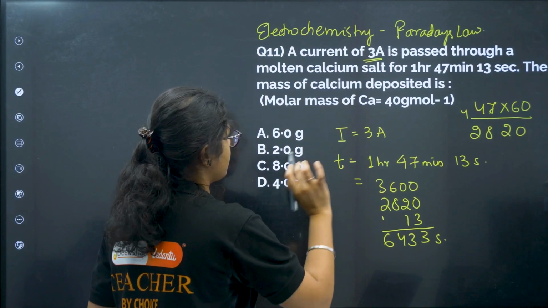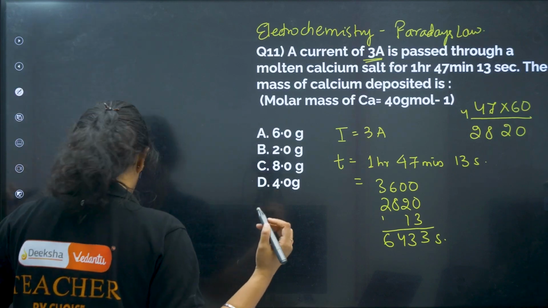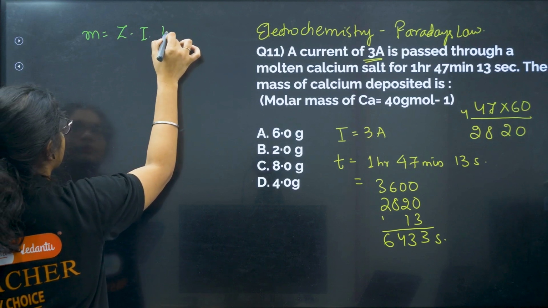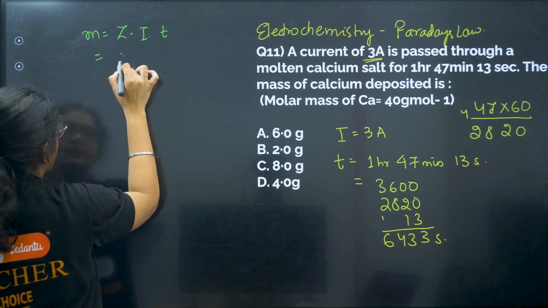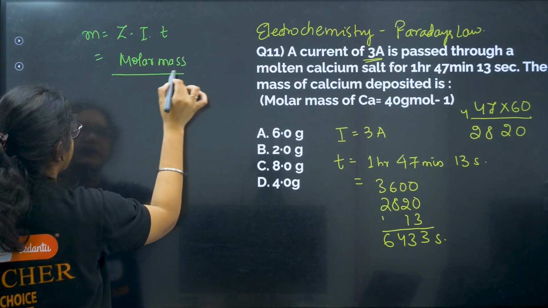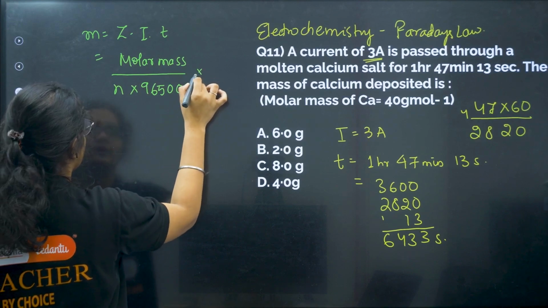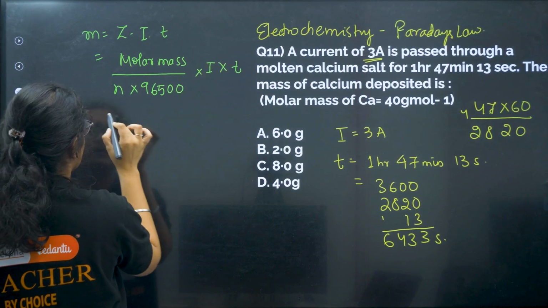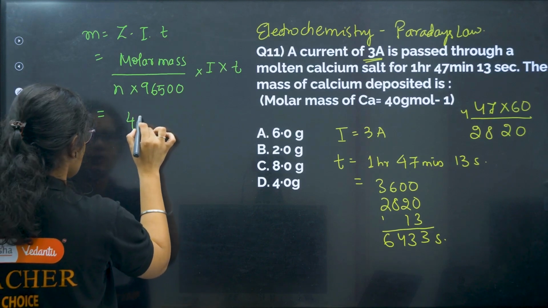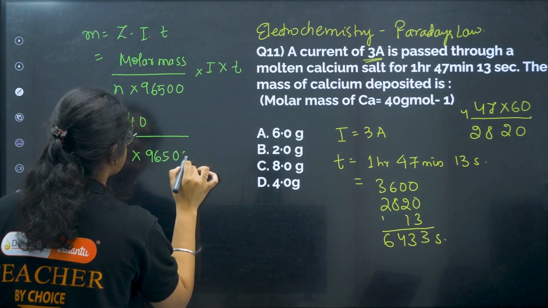Next we have the molar mass. We need to calculate the mass of calcium deposited. So the formula for this one is your Faraday's second law, direct formula. M is equal to Z into I into T, where Z is equal to molar mass divided by n into 96500, into I into T. Now molar mass is 40, then you have 2 into 96500.